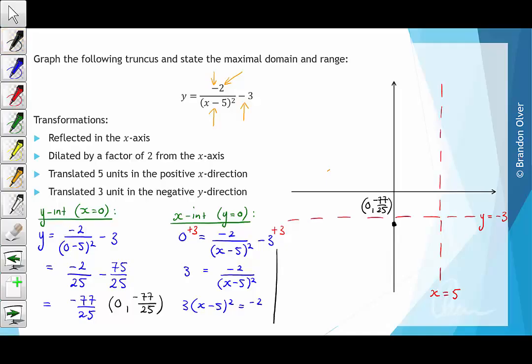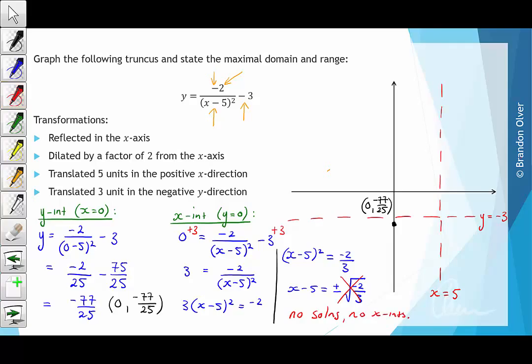Now if we divide by 3, we find that (x minus 5) all squared is equal to -2 on 3. Taking the square root of both sides, we have x minus 5 is equal to plus or minus the square root of -2 on 3. And this isn't a real number, so this means that there's no solutions, which means there's no x-intercepts.